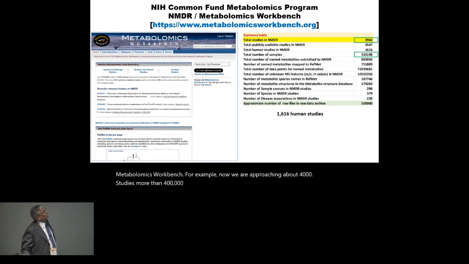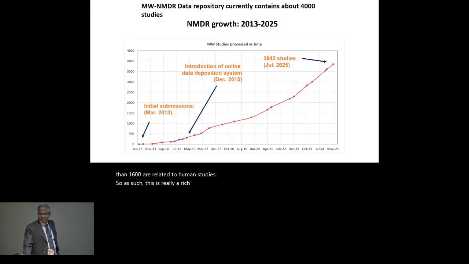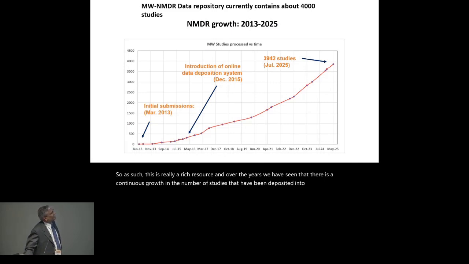And out of the close to 4,000 studies, more than 1,600 are related to human studies. So as such, this is a really rich resource. And over the years, we have seen a continuous growth in the number of studies that have been deposited into Metabolomics Workbench. And we believe that it's growing strong.